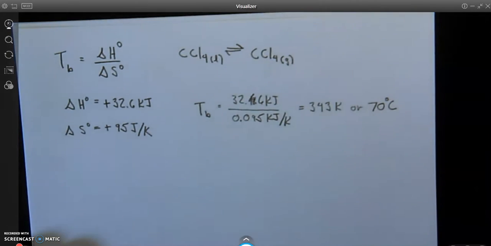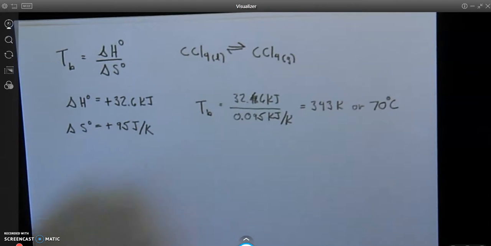So we can actually use that equation at a phase change to figure out what temperature that would be by using their standard values at 25 degrees Celsius.